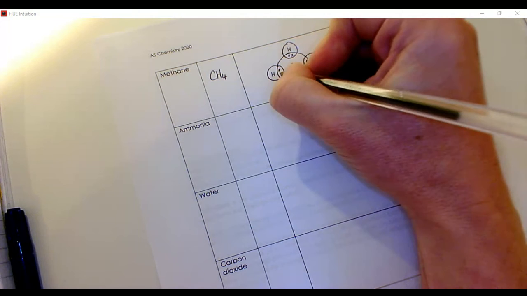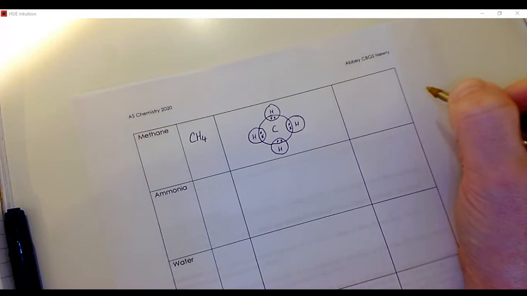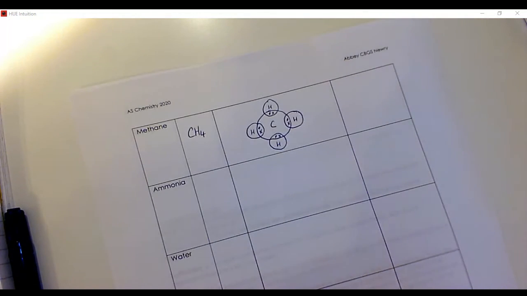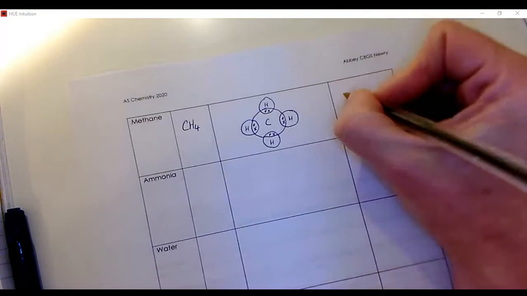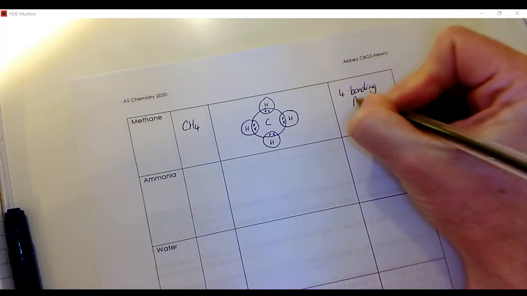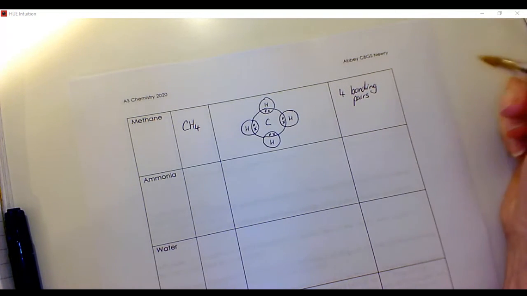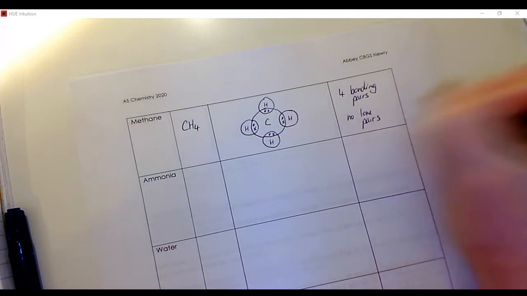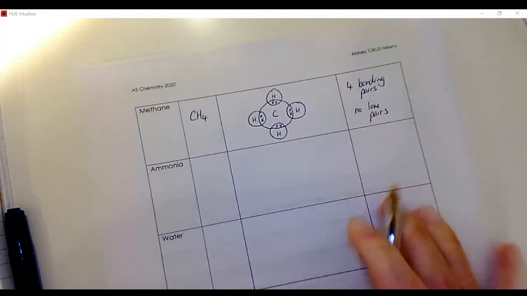Do not move on from this point without being comfortable with how you get to these molecules. Okay, so where are we at? I've missed something, haven't I? Number and type of electron pairs. This time you've got 4 bonding pairs in the molecule, 4 shared pairs, and no lone pairs. All right.